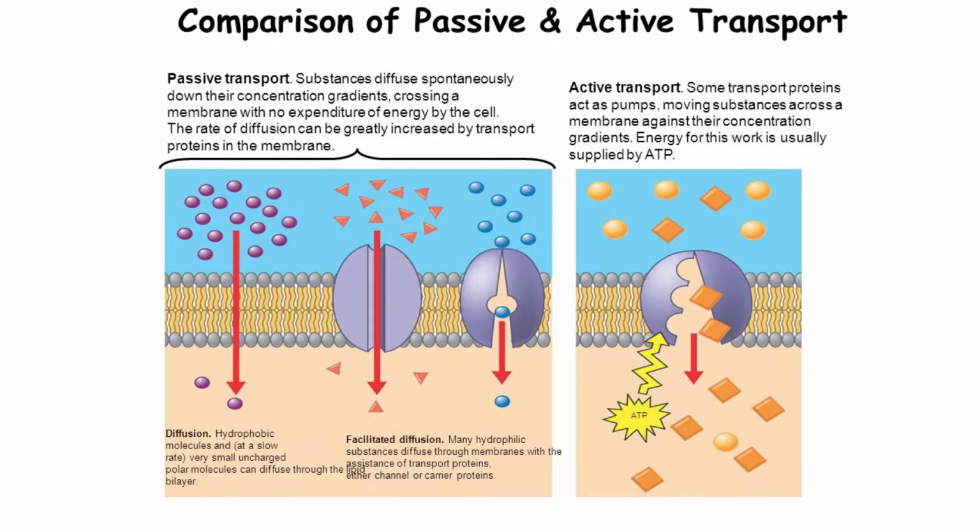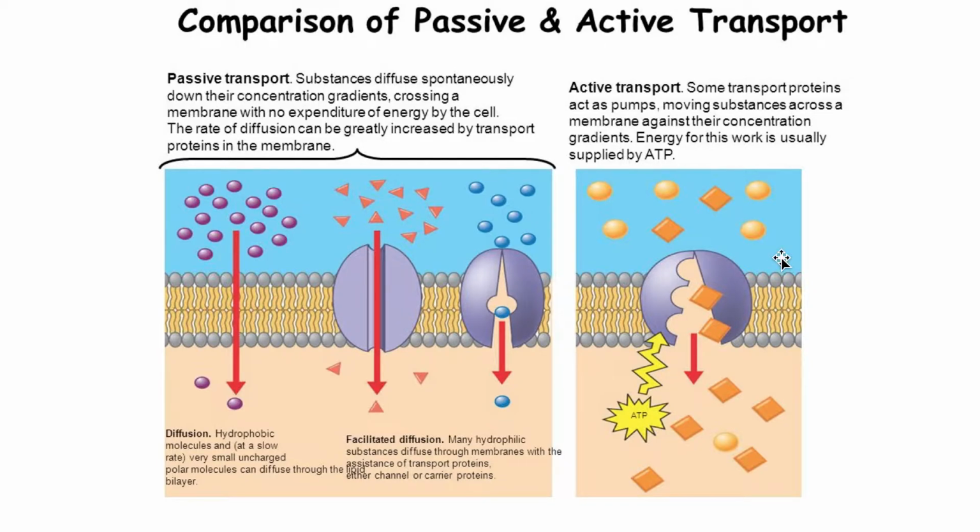Okay? So this is a comparison of passive and active transport. This is simple diffusion, which can go right through the cell membrane. Particles are moving down their concentration gradient from high to low concentration. No energy is required. Here we have facilitated diffusion, and again, we're going down our concentration gradient from high concentration to low concentration. The only difference is we're using a transport protein to do it, right? Because we have something that's polar, for example, and it can't pass through the cell membrane directly.